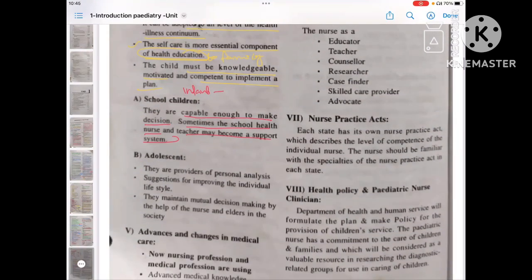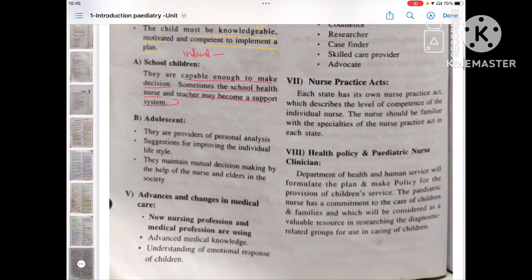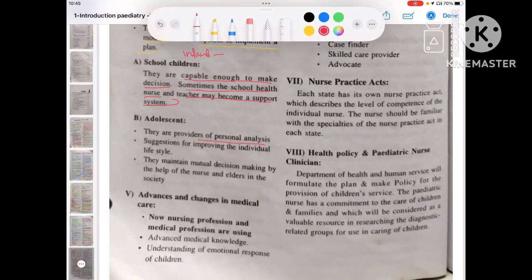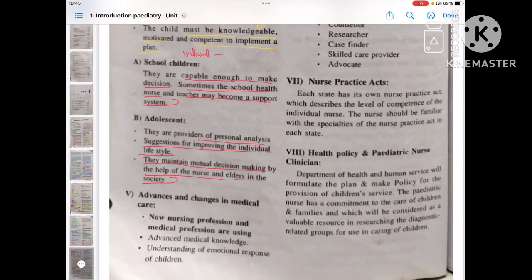Then here, adolescents means they are providers of personal analysis and suggestions for improving the individual lifestyle, and they maintain mutual decision making with the help of nurses and elders in the society. Adolescents are the youngsters, so they know how to be in the society.